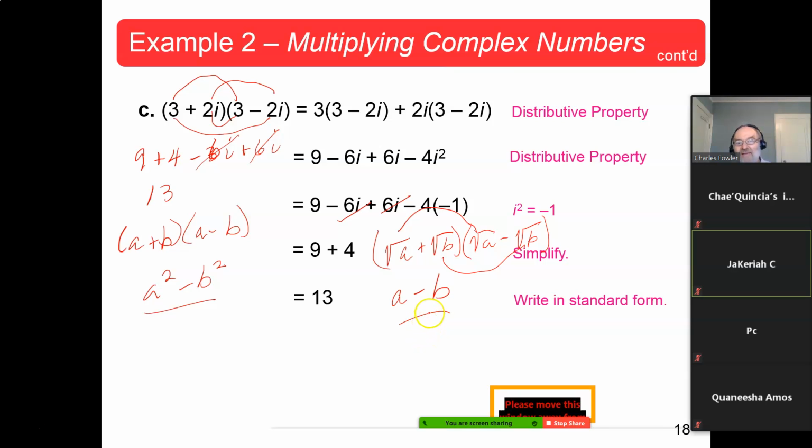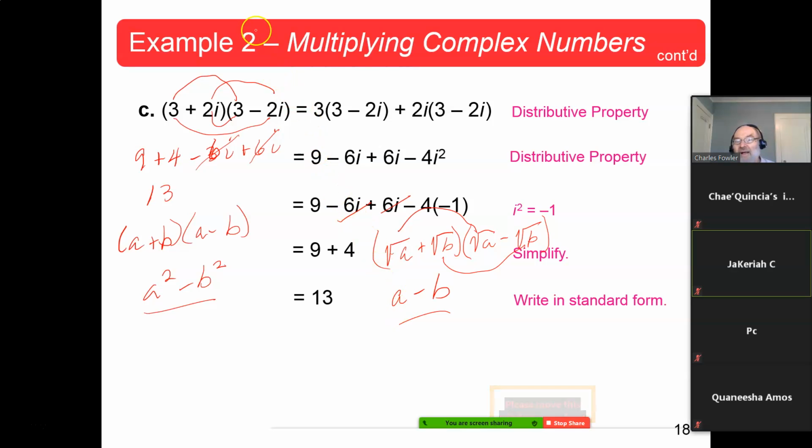Okay, I was going to say integer, but it wouldn't be guaranteed to be an integer. It would be a rational number. These could be irrational numbers. If you put them under square roots, they're usually irrational numbers. Okay? So if you multiply an irrational number by its conjugate, you get a rational number.